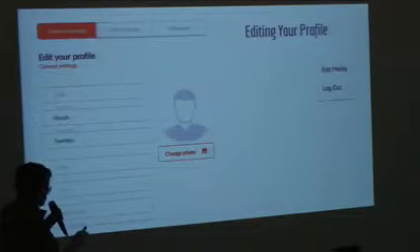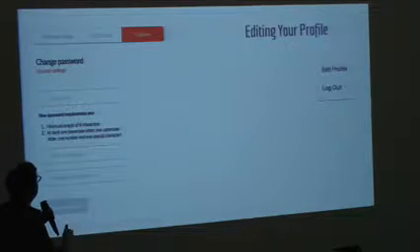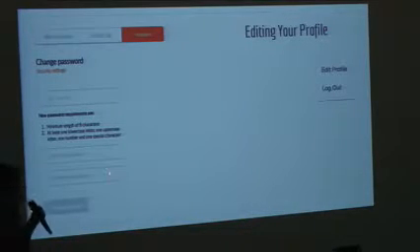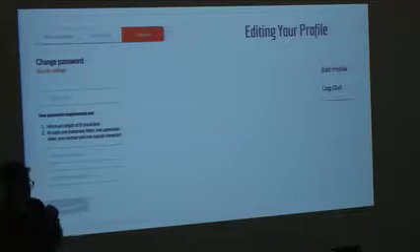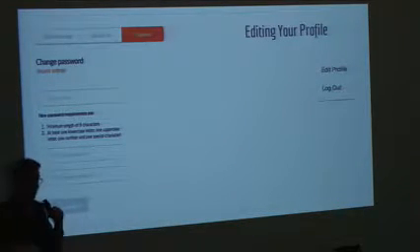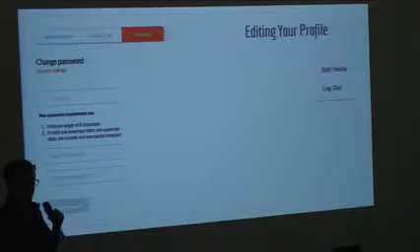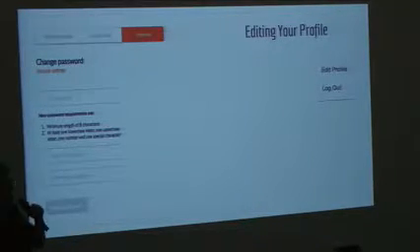And then if you click on password, you can change your password. You have to put in your old password and enter a new password. The password has to be at least 8 characters, at least 1 capital, at least 1 lowercase, at least 1 number, and at least 1 special symbol. Your first pet probably won't do it.